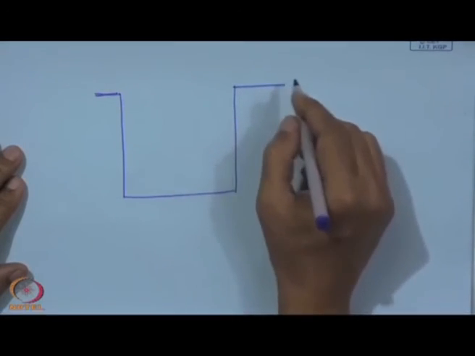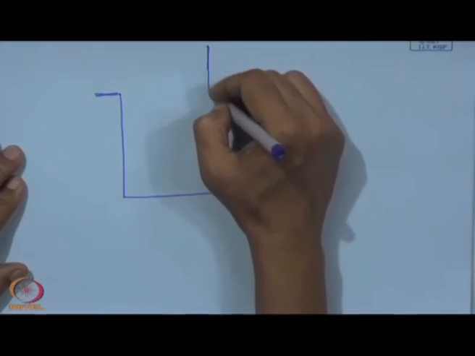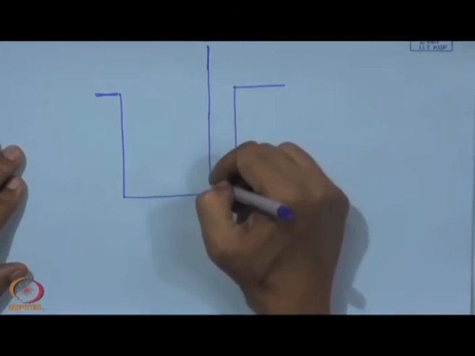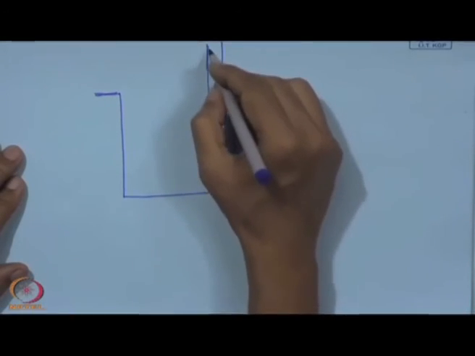Say this is one electroplating bath and here we have one anode. It may be a rod, circular or plate form.